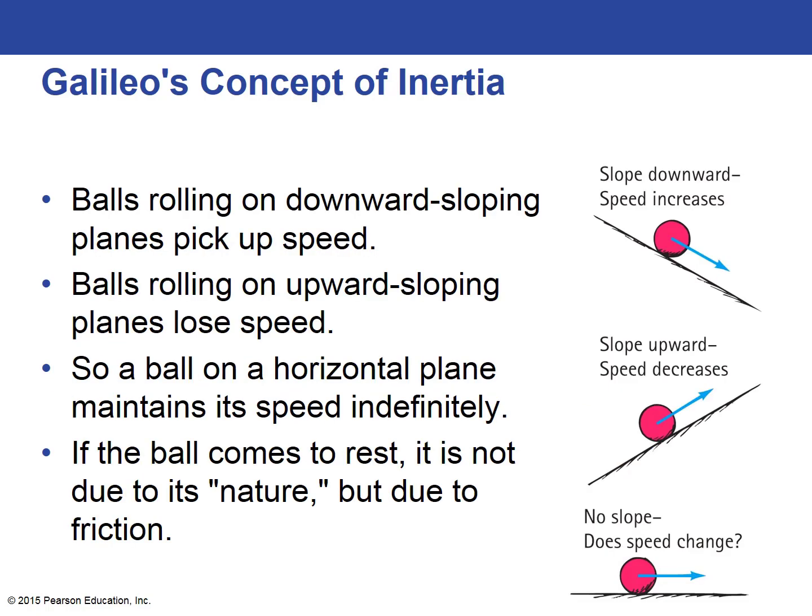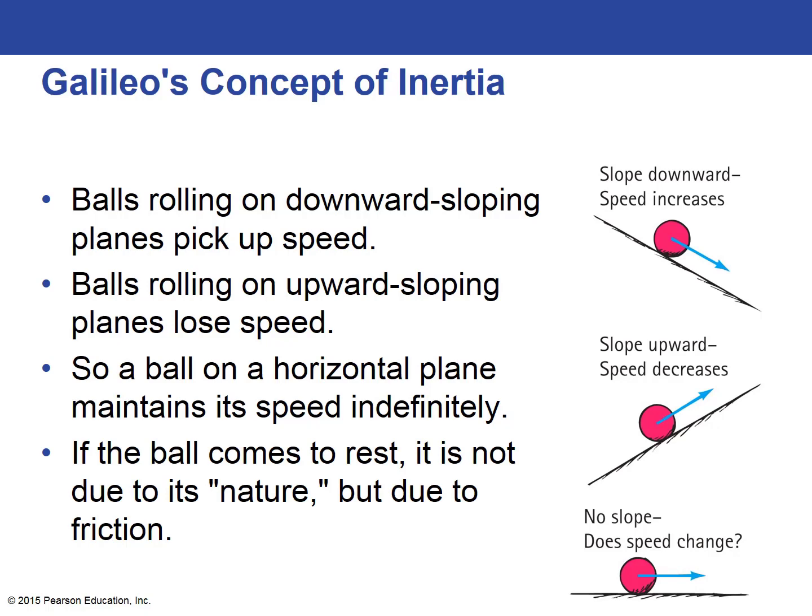One of the other important observations that Galileo made was the motion of balls rolling on an inclined plane, such as the ball you see in the figure. There were several important observations he made. Balls rolling on downward sloping planes will pick up speed.